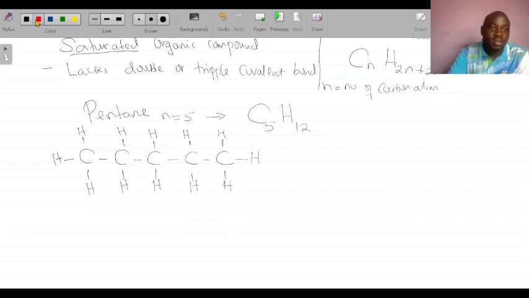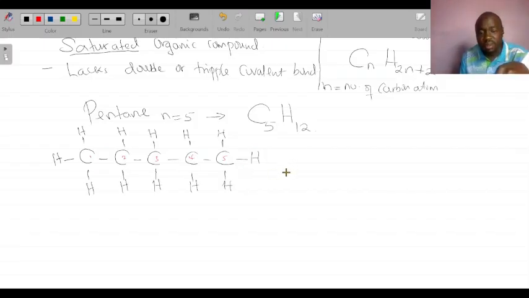We can establish how many carbon atoms there are: 1, 2, 3, 4, 5. We can even count how many hydrogen atoms there are, and there are 12. So we are going to give this a name.